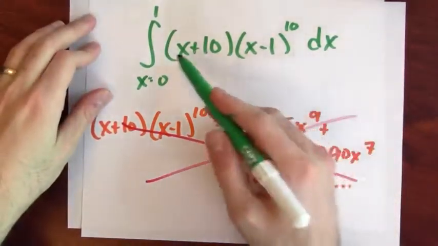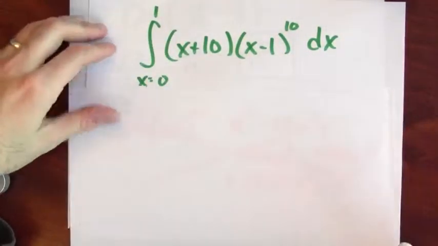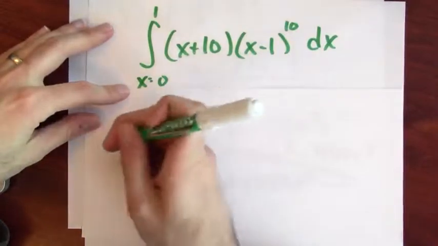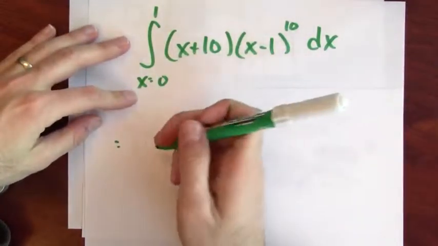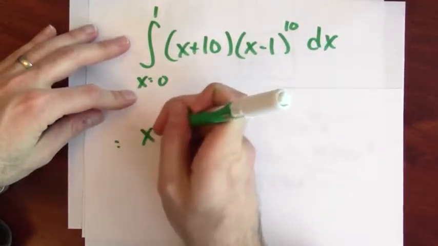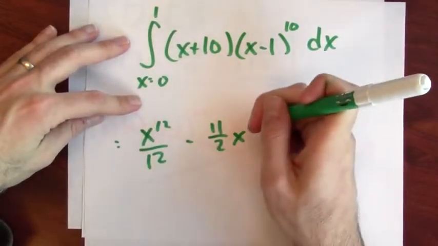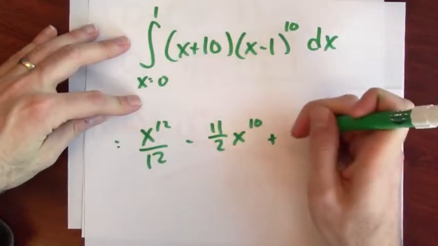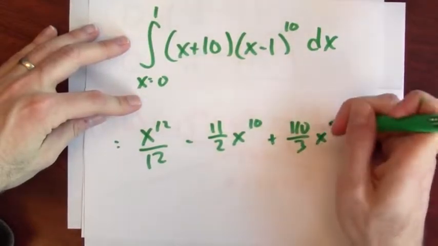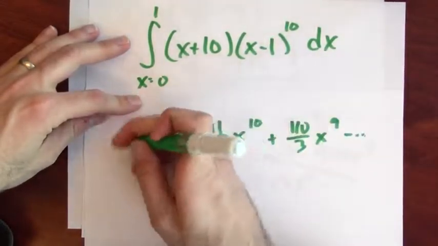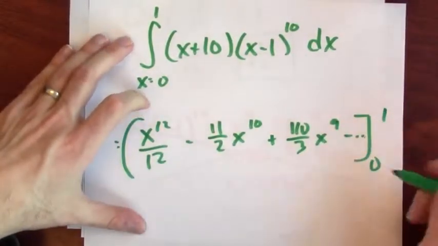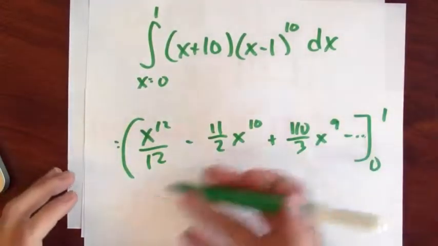The crazy thing to think about is that we could have approached this just by expanding everything in sight. I really could have expanded this thing out and then just started anti-differentiating, finding that this really was, I don't know, x to the 12th over 12 minus 11 halves x to the 10th plus 110 thirds x to the 9th, and it would keep on going, and I just evaluate that at x equals 1, x equals 0, and take the difference.